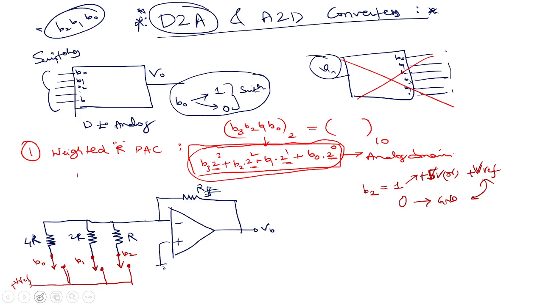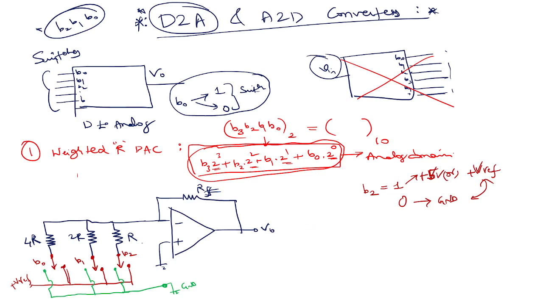Also, you can have one more input, and this is connected to ground. So this is very clear and evident.